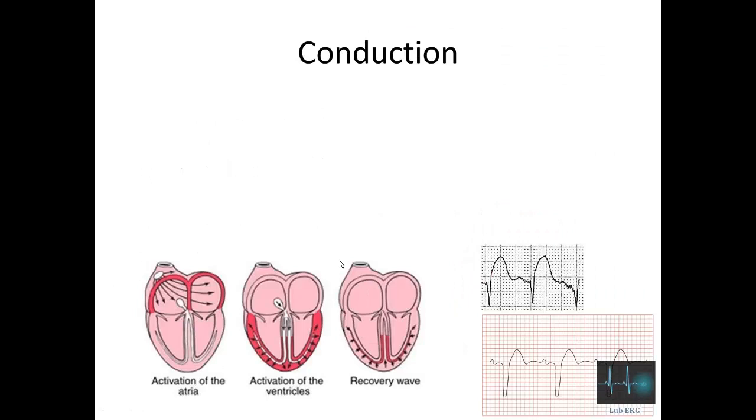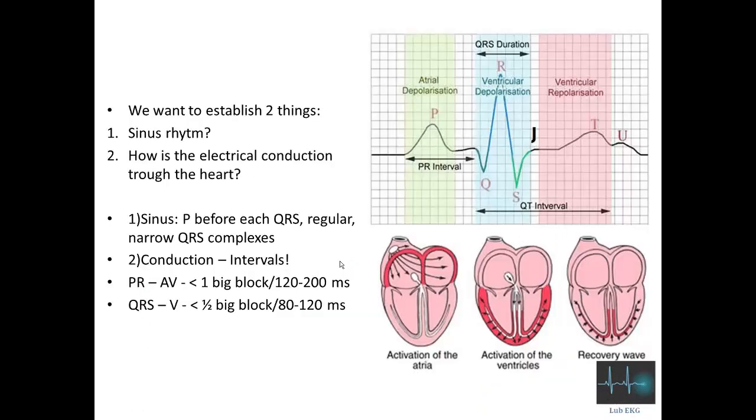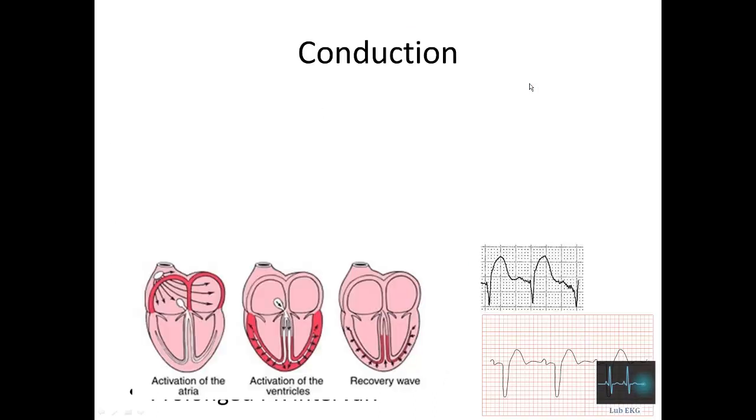Now if we have problems with conduction, we mainly categorize these into problems of the PR interval conduction, meaning the atrial to the ventricular conduction, the AV conduction, or the QRS or ventricular conduction.